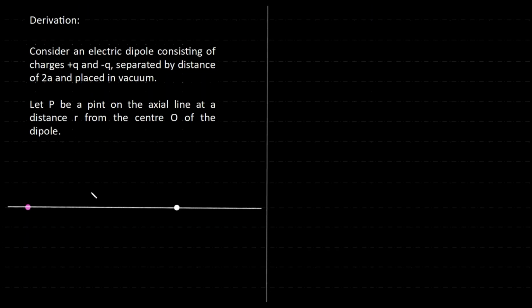So the derivation will start like this. This is how you have to write it in your exam. Let's consider a dipole with charge plus Q and minus Q separated by a distance of 2a.